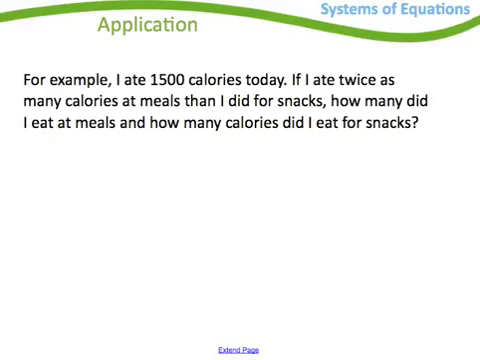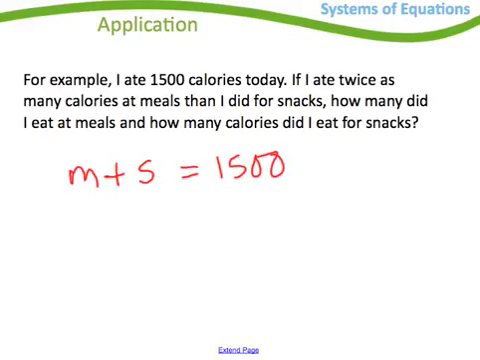Oh, a worded problem. Today I ate 1,500 calories. I ate twice as many calories at meals than I did for snacks. Oh, so I had meals plus snacks were 1,500 calories. Then it says I ate twice as many calories at meals than I did for snacks.